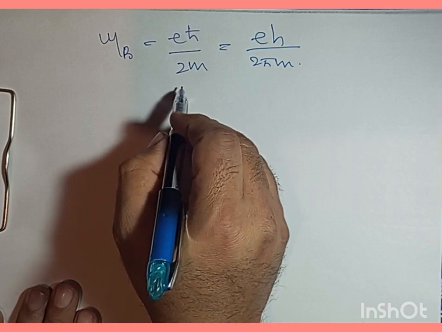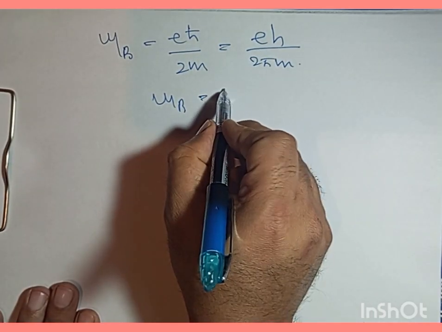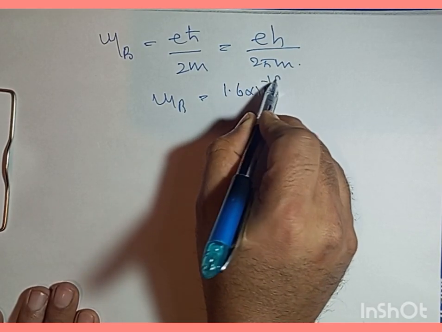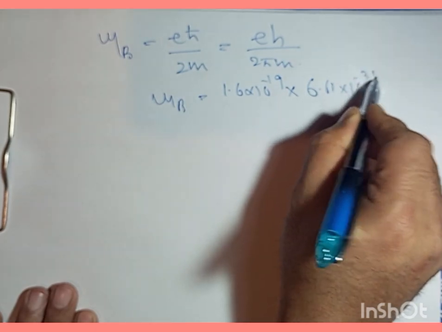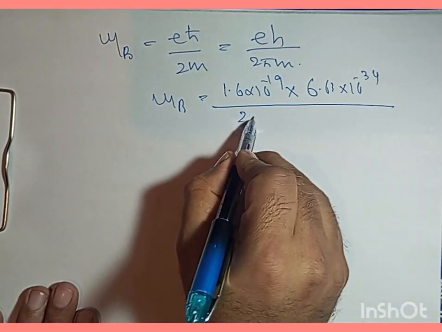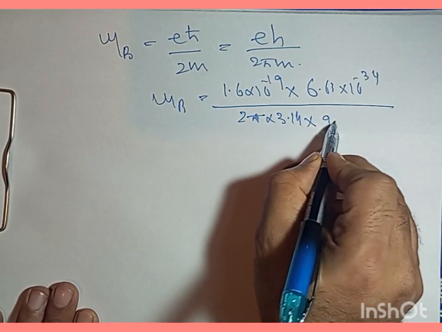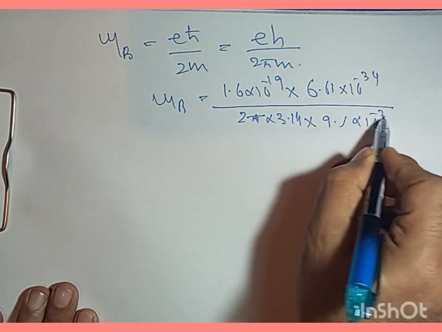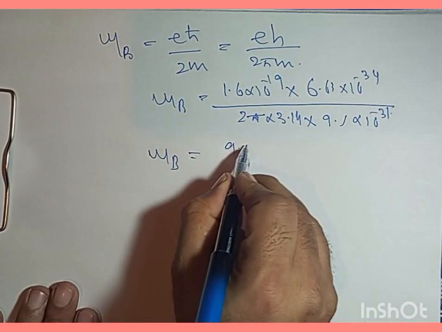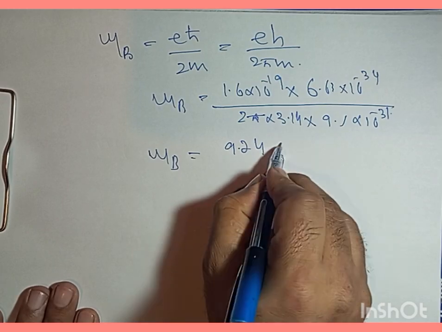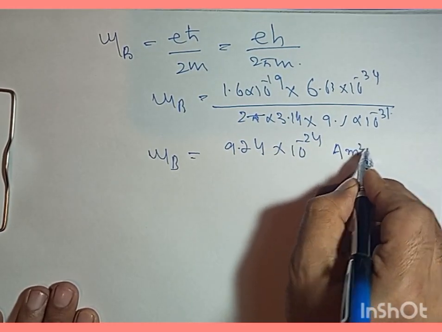And its value in SI system is, when you give the value of charge of electron, say it is 1.6 times 10 to the power of minus 19, then we have 6.63 times 10 to the power of minus 34 joule second, divided by 2 pi, that's 3.14, times mass of the electron, that's 9.1 times 10 to the power of minus 31 kilograms. This mu b comes out to be 9.24 times 10 to the power of minus 24 ampere meter squared.